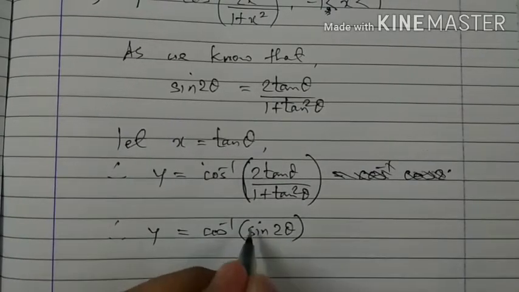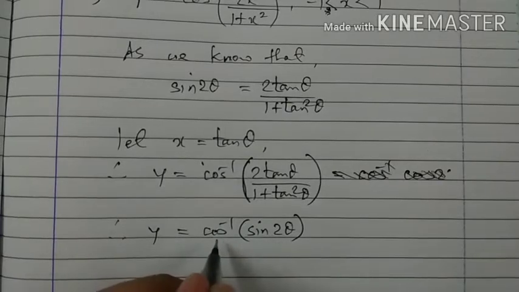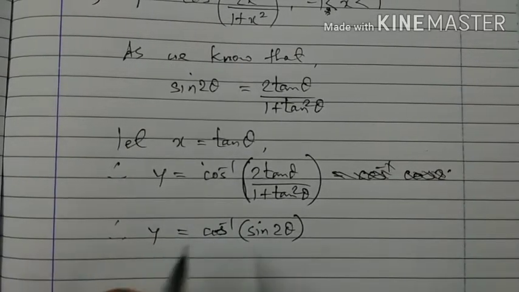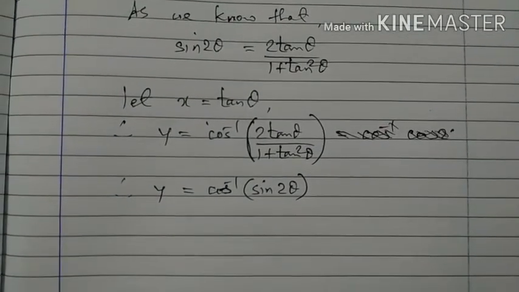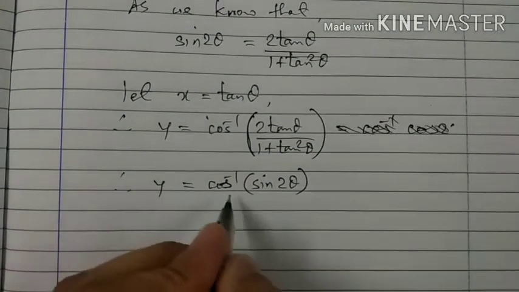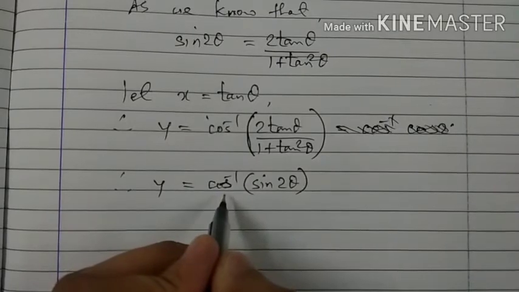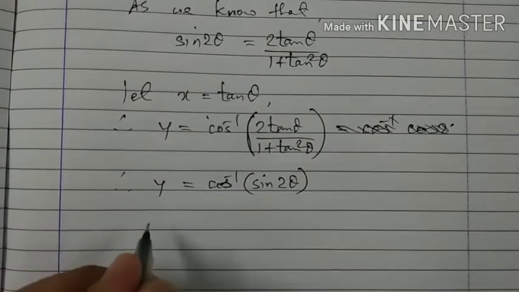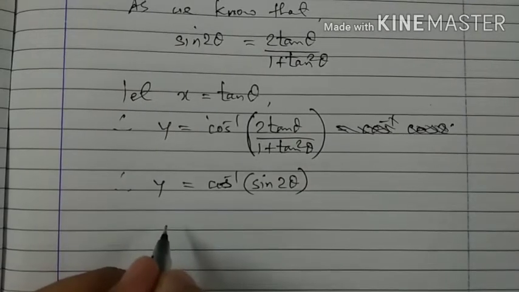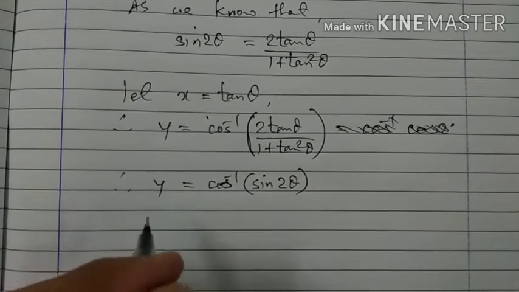Now in the bracket the sin function is there, and outside the bracket there is cos inverse. So here we have to convert cos inverse into sin inverse, and for this there is one identity, that is sin inverse x plus cos inverse x equal to pi by 2.